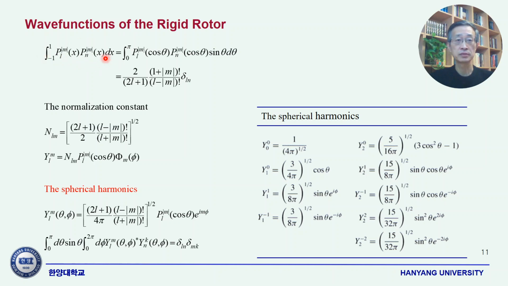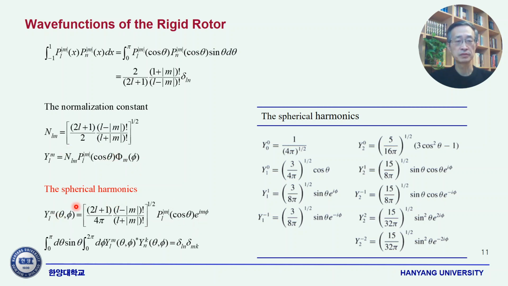Then this is the normalization. Here n and l must be the same in order to have this number, and that number is the normalization constant squared, so we take the square root of it for the normalization constant. So Y_lm is the normalization constant times the associated Legendre polynomial in cosine theta, then the phi part. So the spherical harmonic is given in this way.